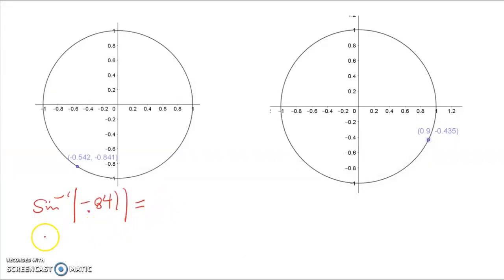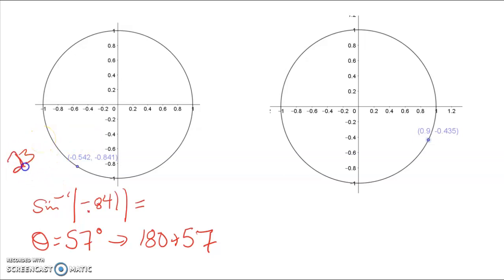So that's our reference angle. But we're in the third quadrant, so we need to take 180 plus 57. That's going to put us at 237 degrees.